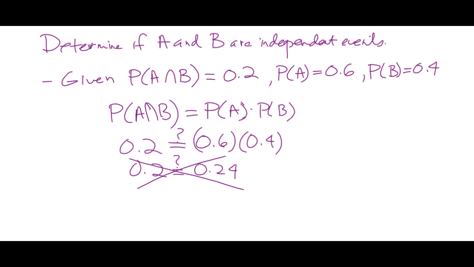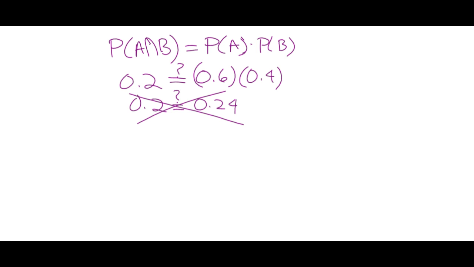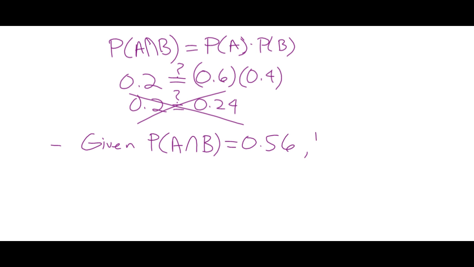Okay, what if you are given that probability of A and B is equal to 0.56, P of A is 0.7, and P of B is 0.8.